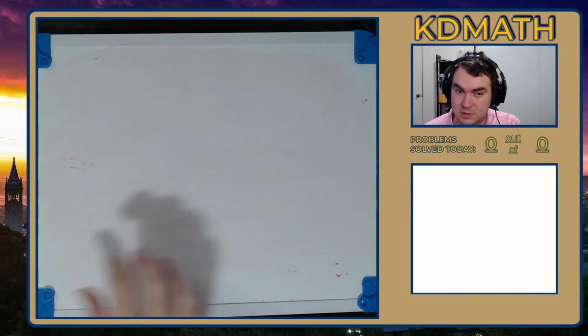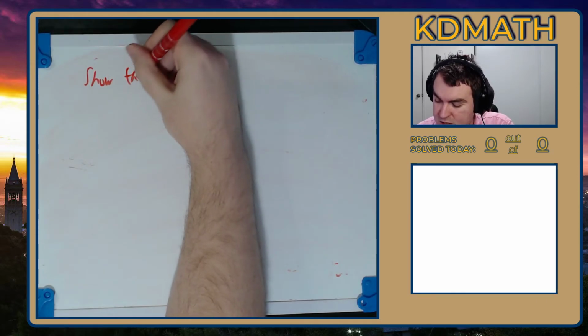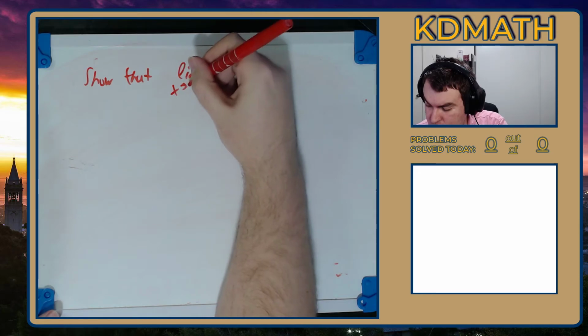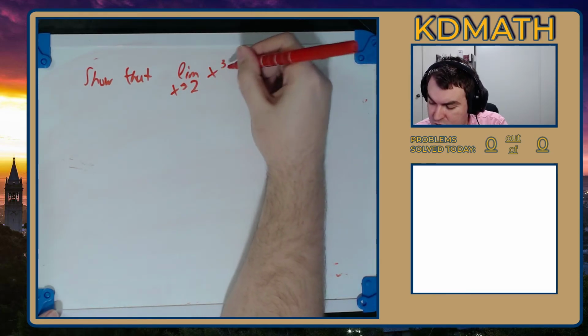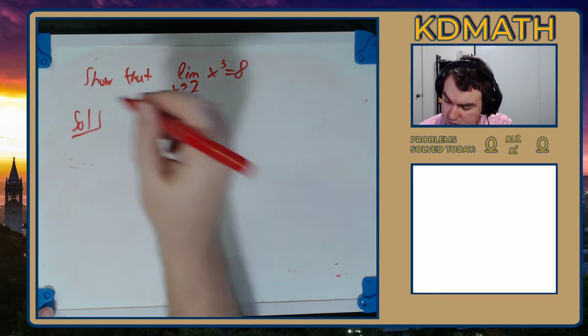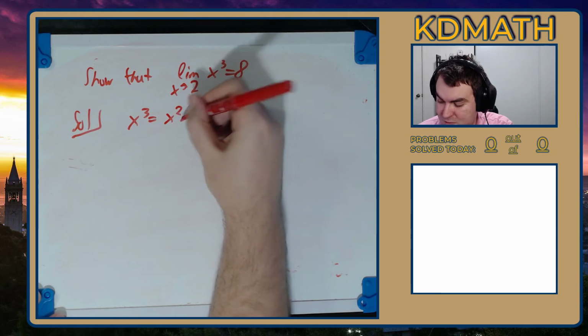So what will happen here is we will do exactly the same problem that we did before, but we will do it using the limit laws. So show that the limit as x goes to 2 of x cubed equals 8. Solution: x cubed equals x squared times x.